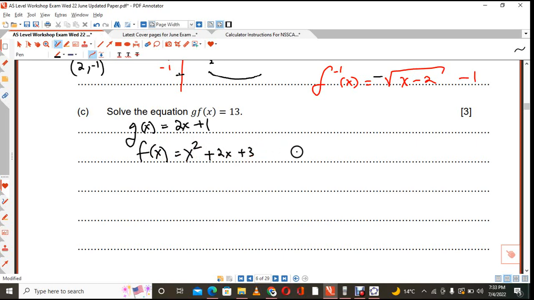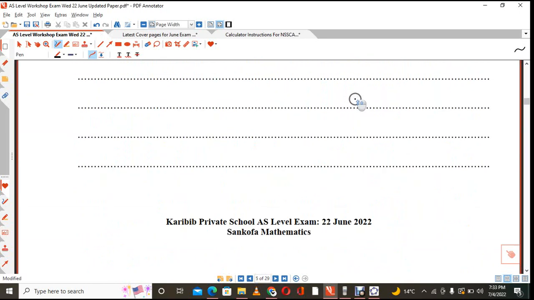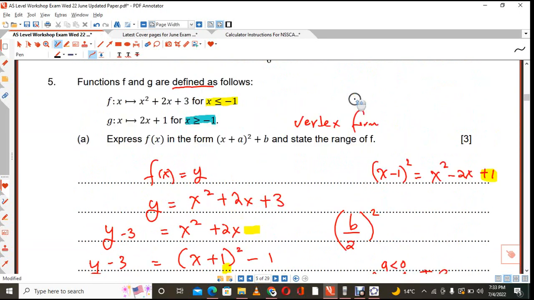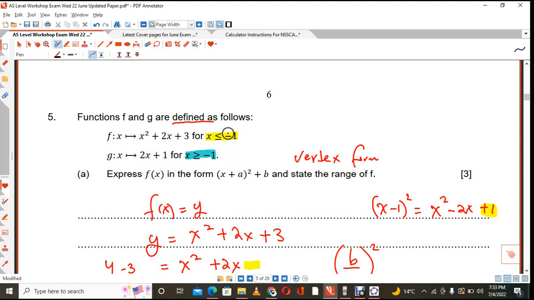And let's just quickly see, f is defined for x less than or equal to -1. That's how it's defined. And g, if you go back to the original definition, has its own domain for which that function was defined.